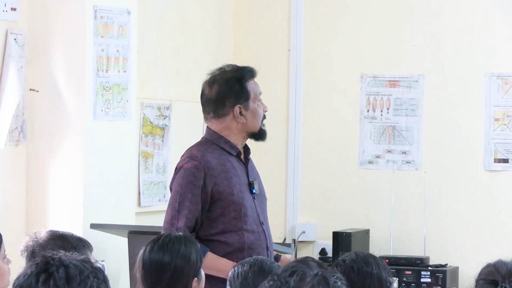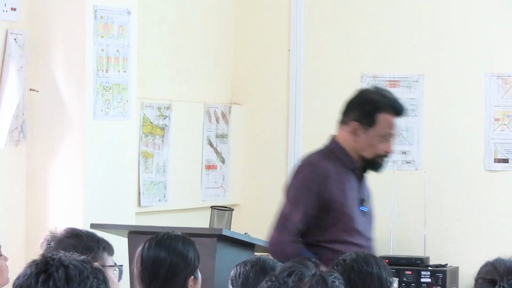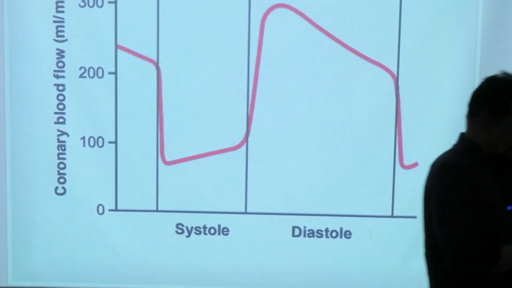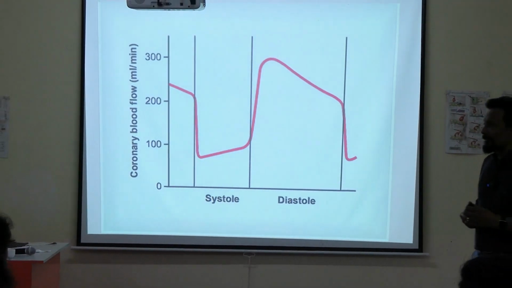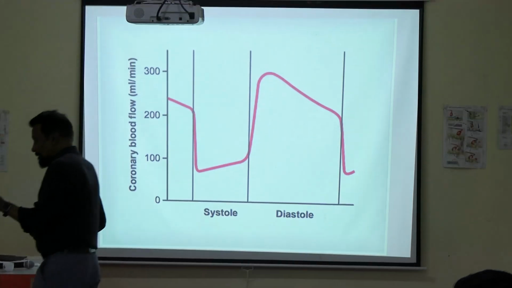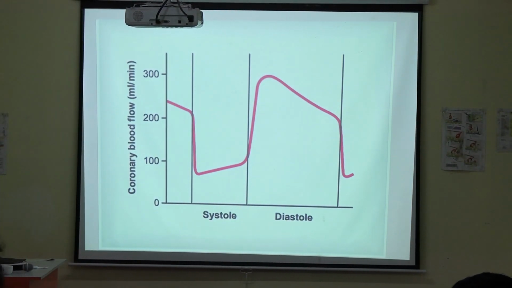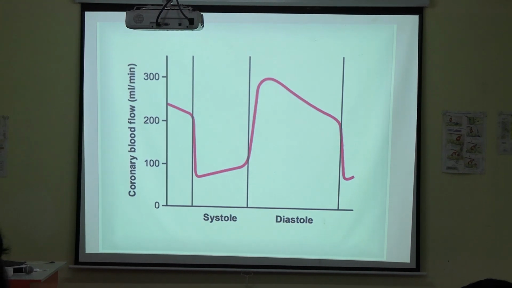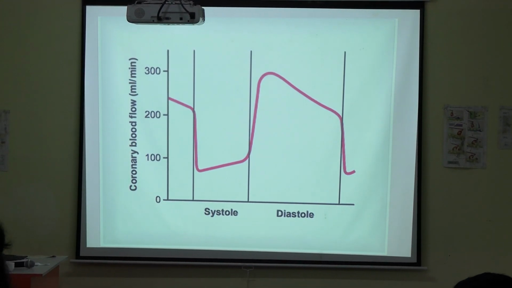One of the important characteristics of coronary circulation is that cardiac muscles have phasic circulation. Means during systole, one type of flow, during diastole, another. We have already discussed that point.